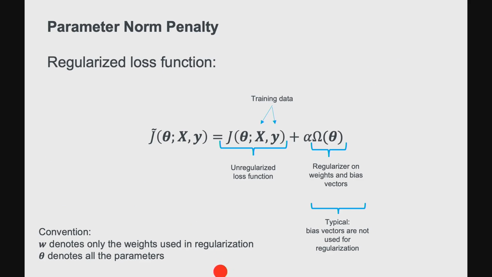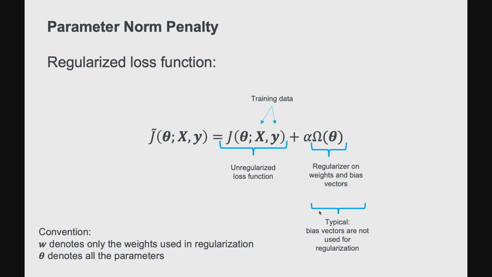So how do we describe this usually? Well, we have an unregularized loss function depending on the parameterization theta. And we have training data x with labels y. This is our loss function J, and we add some regularization term on the weights and the bias vectors, typically not on the bias vectors. And this is similar to linear regression, where we don't want to regularize the bias, the offset from zero.